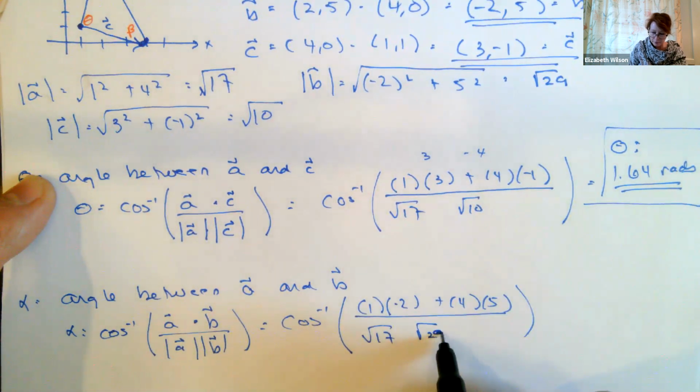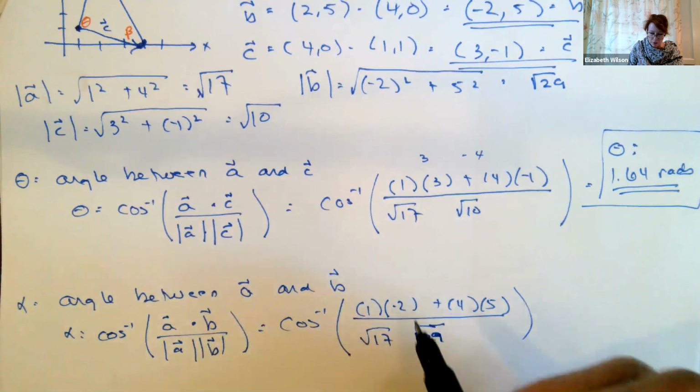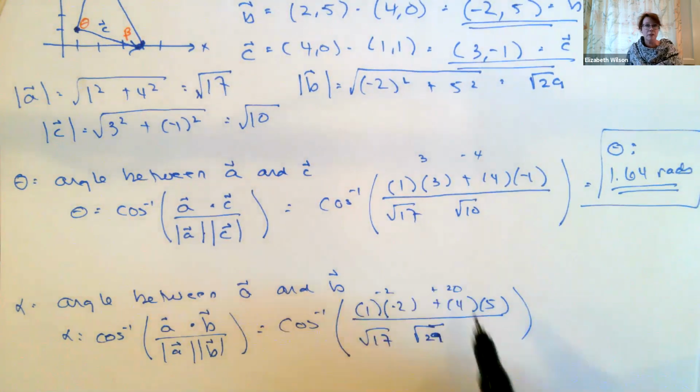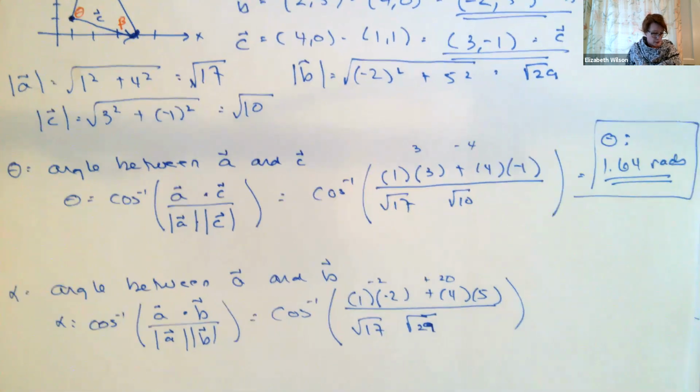So this is minus 2 plus 20. So this is positive. We expect that to be an acute angle.